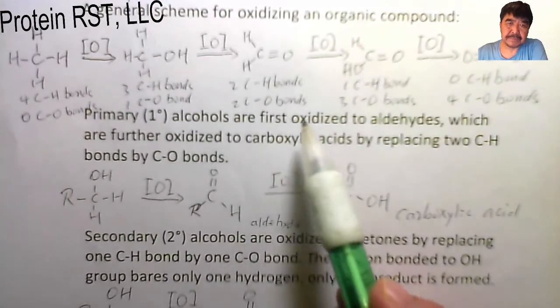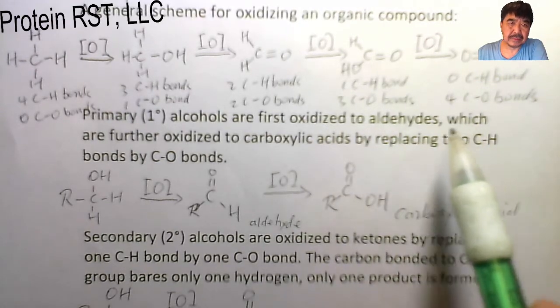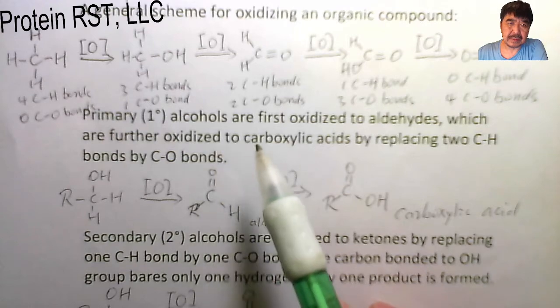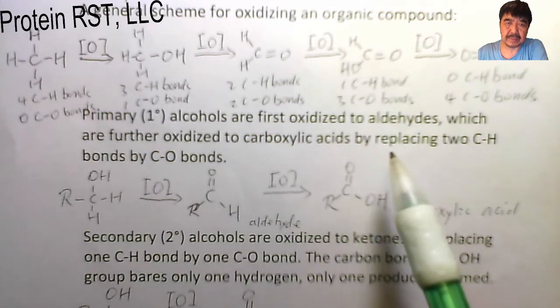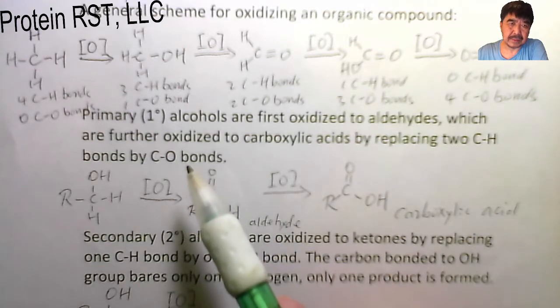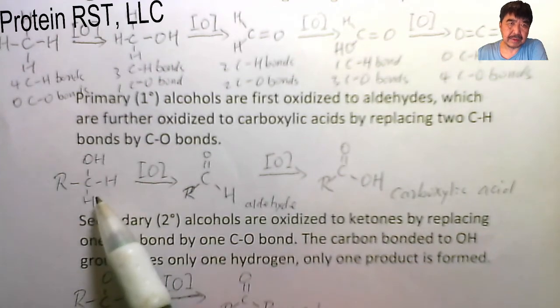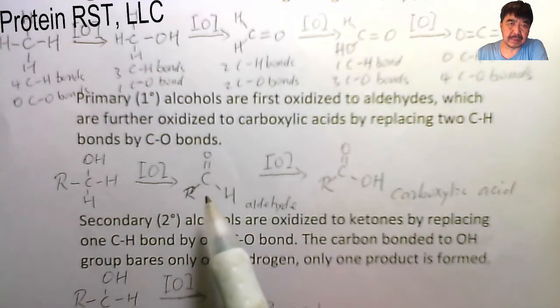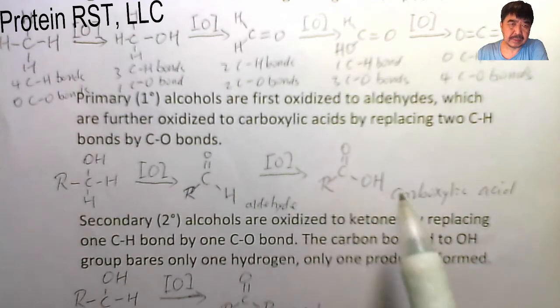Primary alcohols are first oxidized to aldehydes, which are further oxidized to carboxylic acids by replacing 2 C-H bonds with C-O bonds. This is the primary alcohol, which becomes oxidized into a carbonyl compound, then a carboxylic acid.